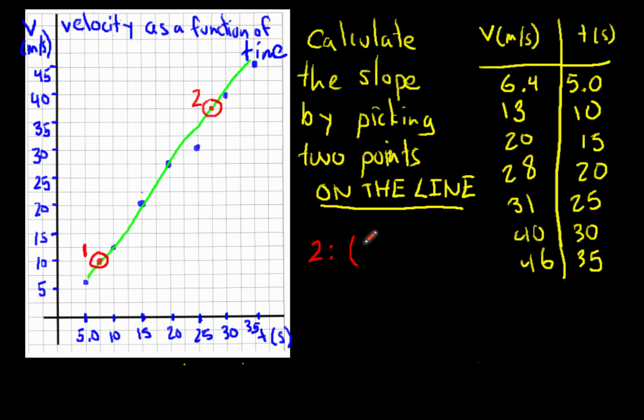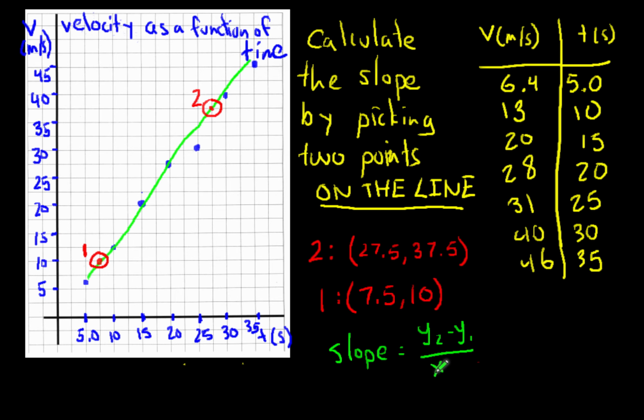My second point has the coordinates 27.5 and 37.5. My first point has the coordinates 7.5 and 10. To calculate the slope of the line, we do y2 minus y1 over x2 minus x1.